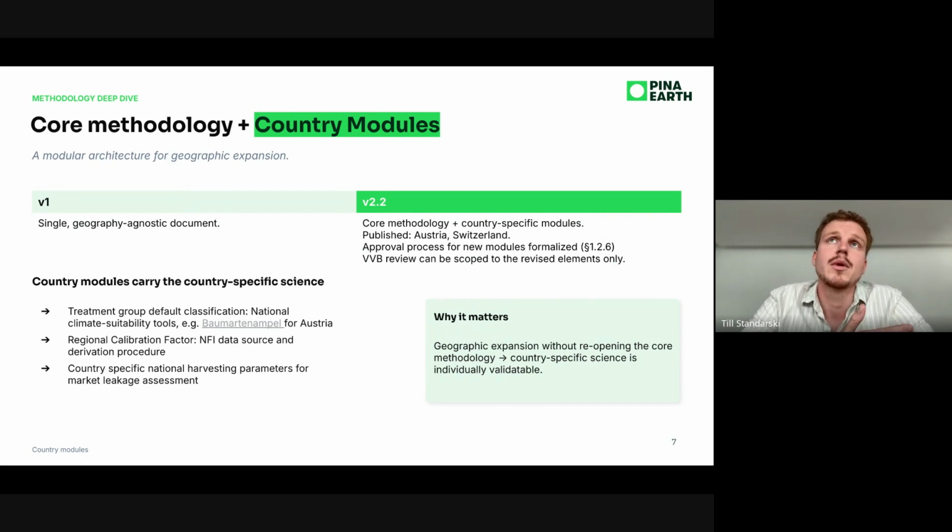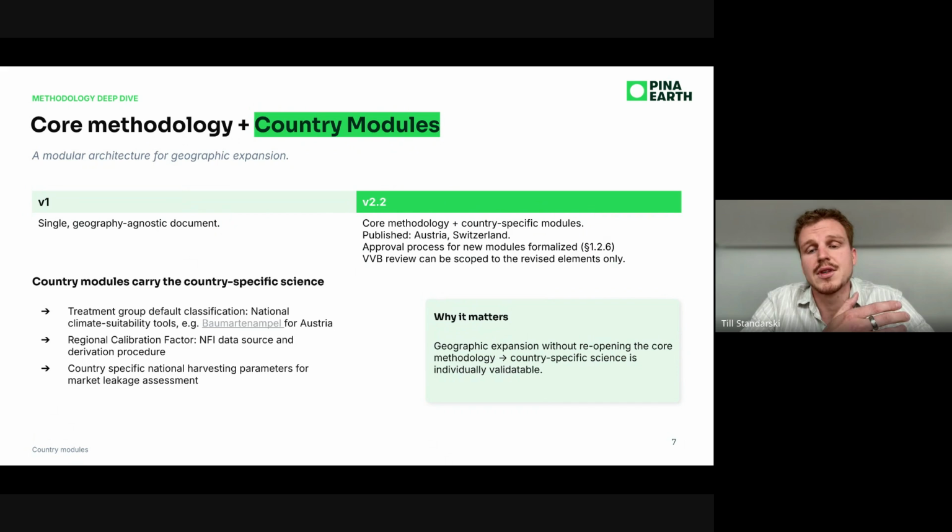But at the same time, we want to develop a methodology that is applicable in various European countries. And therefore, we also have to consider the heterogeneity of the forests we have in Europe. So this is one of the reasons why we introduced country modules and thus reworked the general structure of the methodology description.